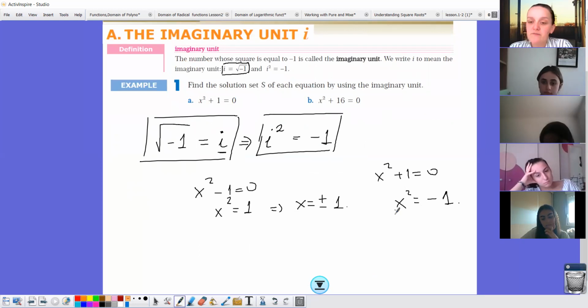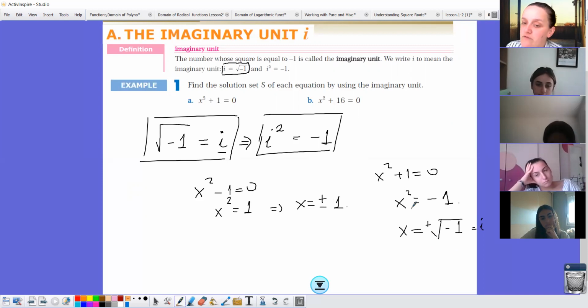So our dear mathematicians said, let's imagine a number which is root of -1 and let's say that it is i. Because of that, it is called the imaginary unit. They formed this root of -1 to be i, and it will help us to solve the questions.